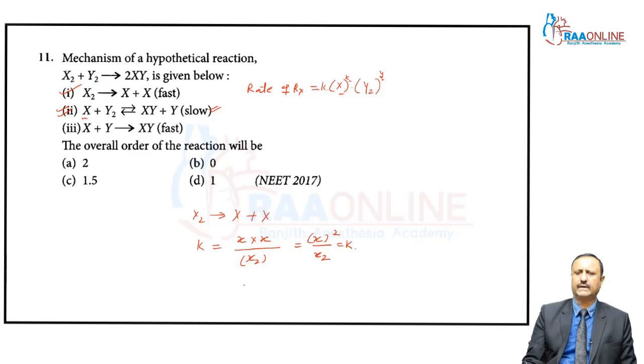When you get the values of x, then x square value is equal to k into x2. Then you can put the values of x, that is equal to root k into x2.